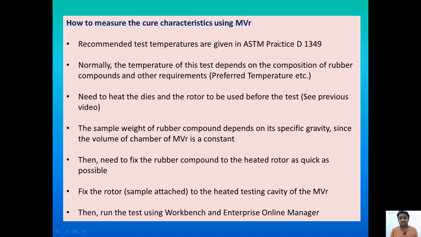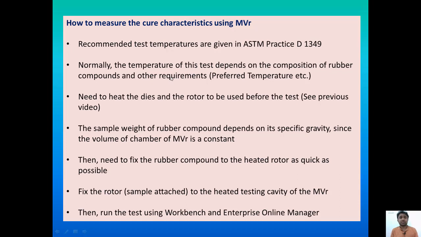So the test procedure is this. The temperature is defined for different compounds in this test procedure, but it normally depends on the processing temperature or the vulcanization temperature that we use in our production lines.